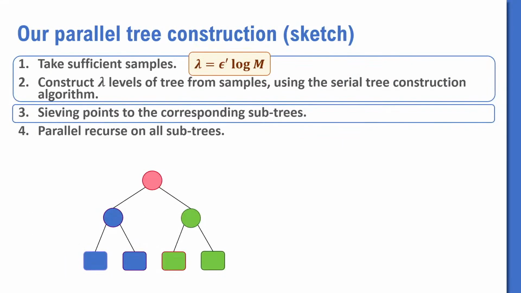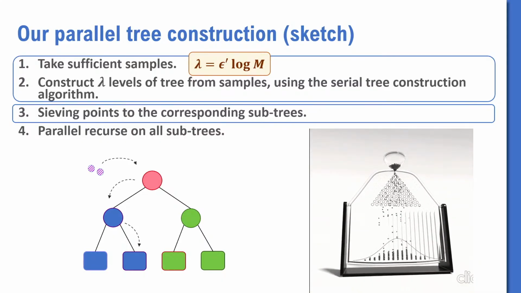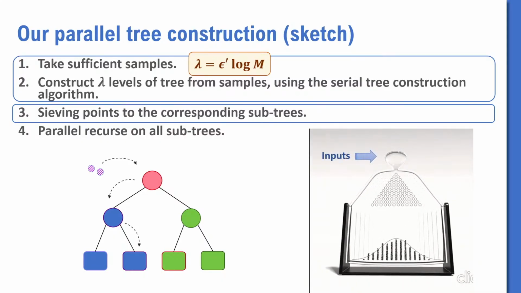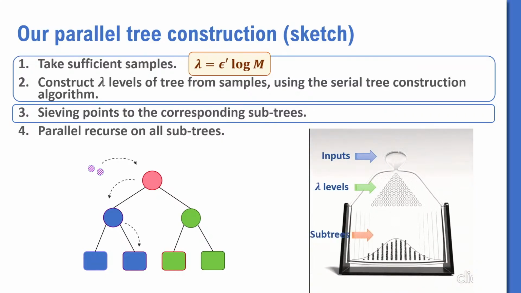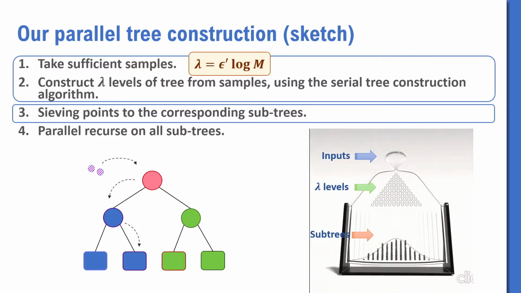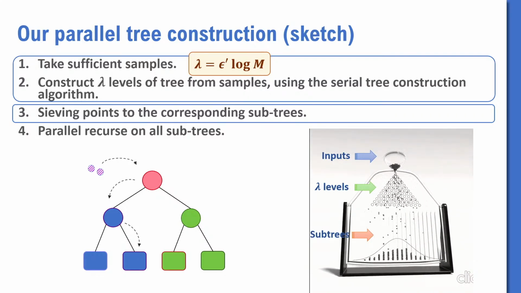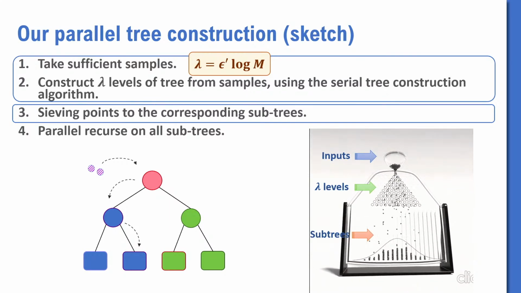And the next step is to put the points into the subtrees like that. And then Ziyang found a very good online animation here, which is very cool. You have the inputs here, you have the lambda levels, and these are the subtrees. So you sieve the points, put them into the leaves, and recurse. This part is, if you know parallel algorithms, a standard transpose process. You can just use it as a black box.